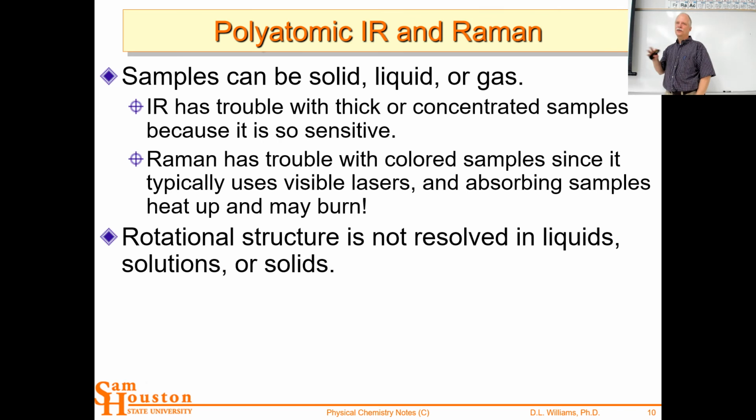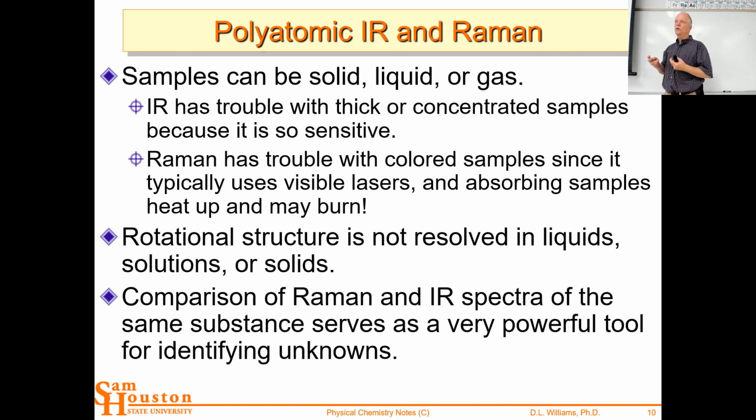And a rotational structure is not resolvable in liquids or solutions or solids, but it is in the gas phase. And so we will actually look at the rotation and vibrational spectra of carbon monoxide next week. So this week is just vibration of chlorobenzene and benzene. You're looking at the fundamentals.